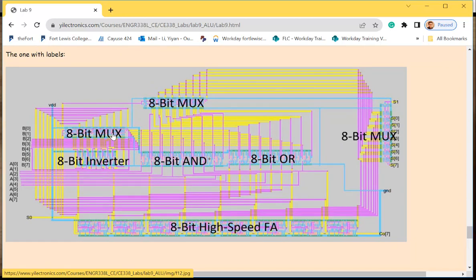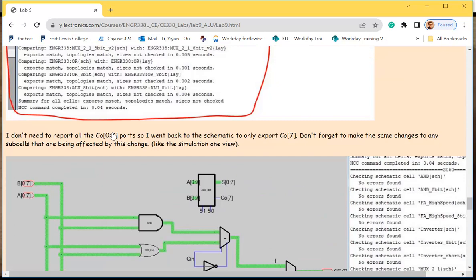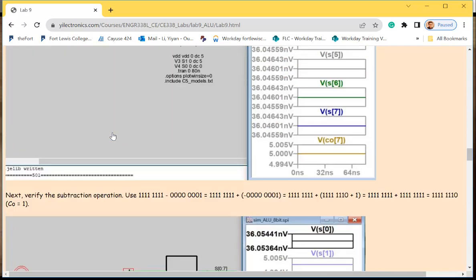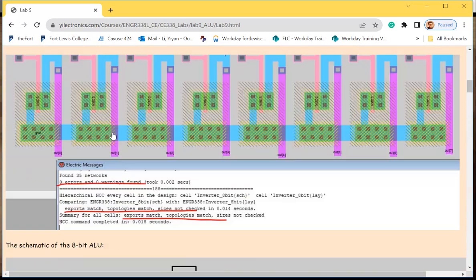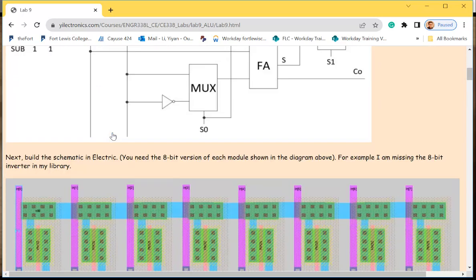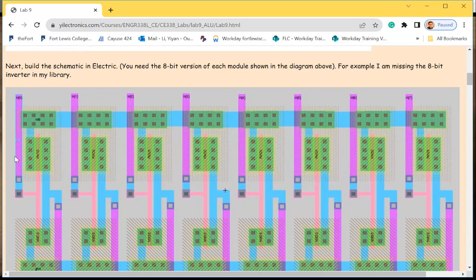So this is an 8-bit mux, and let's take a look at what the mux looks like. Yeah, this is easy, right? This part is easy.